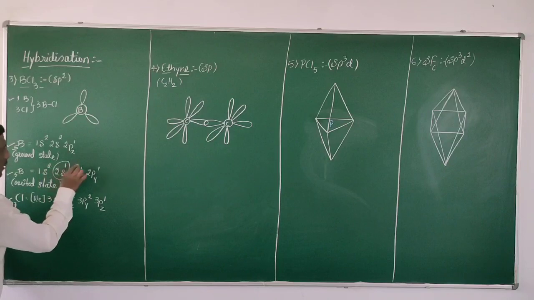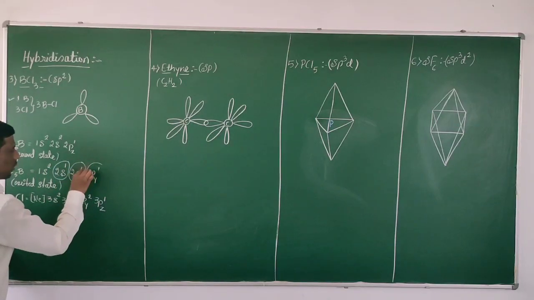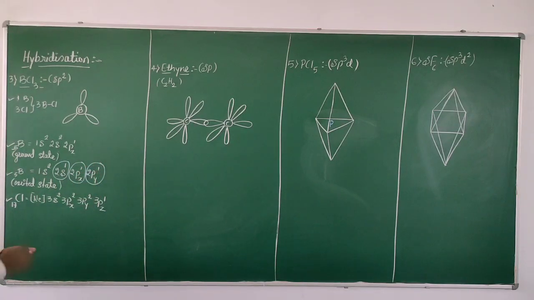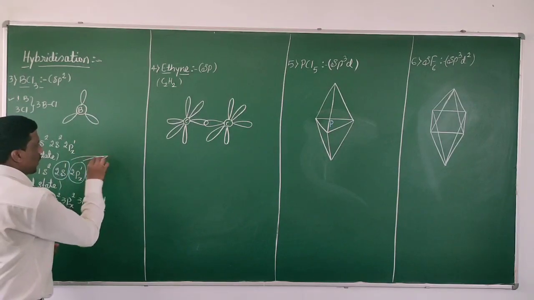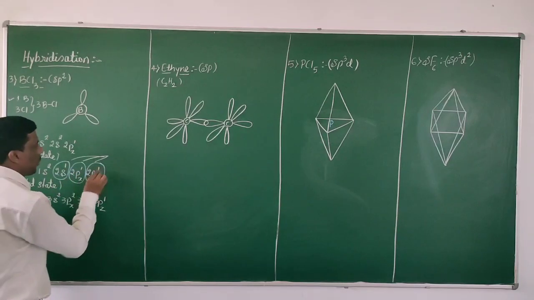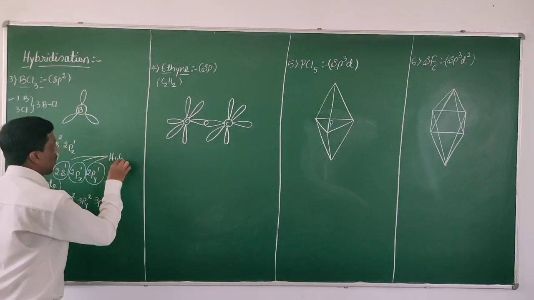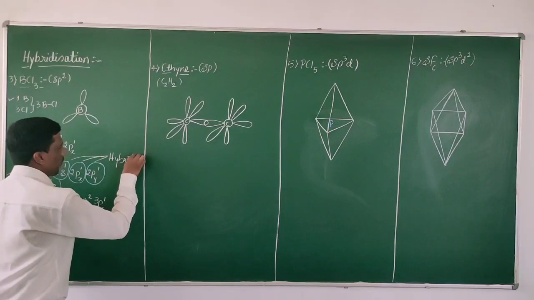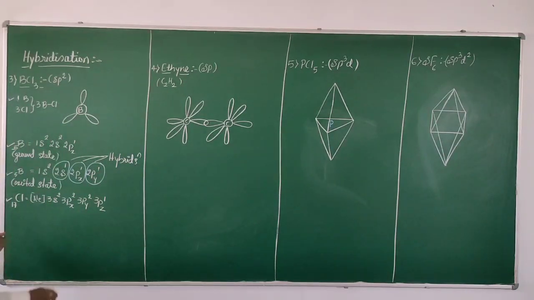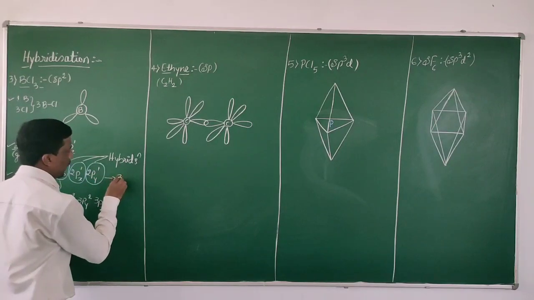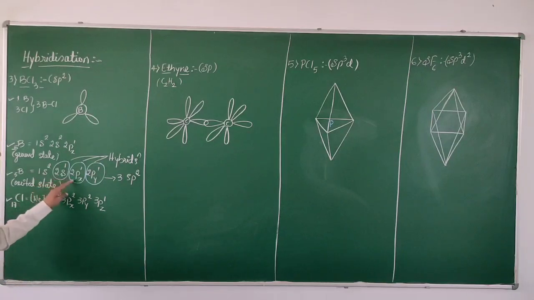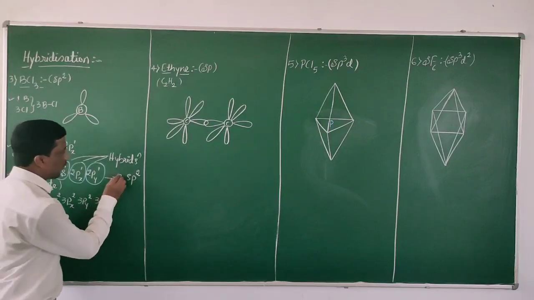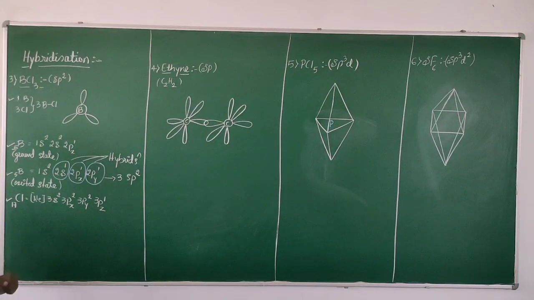The 2s orbital, 2px orbital and 2py orbital of boron undergo hybridization. Which hybridization? 2s, 2px and 2py undergo hybridization and form 3 sp2 hybrid orbitals.